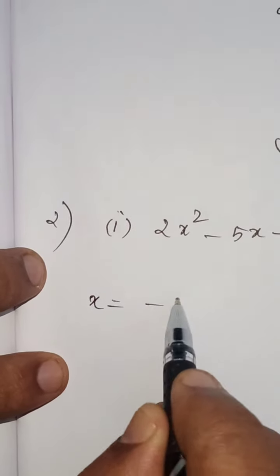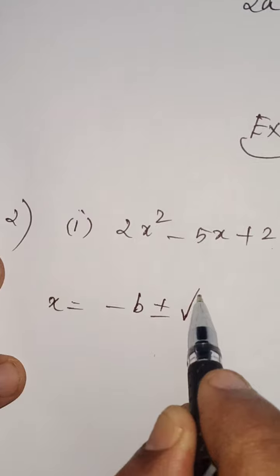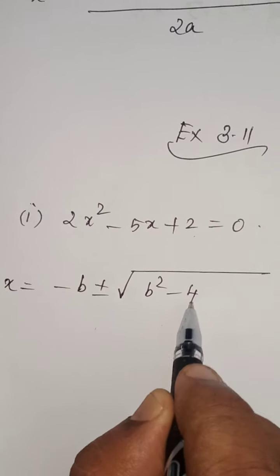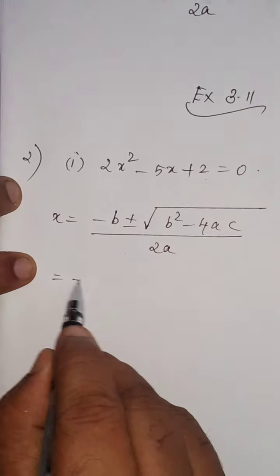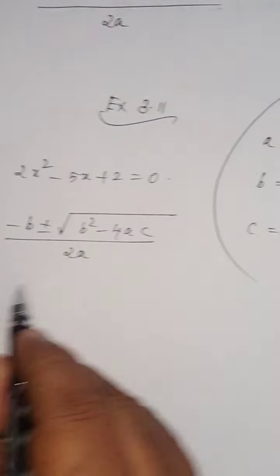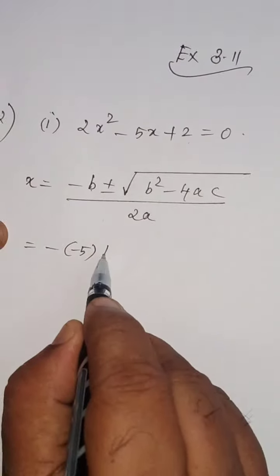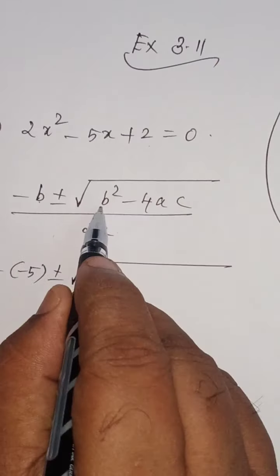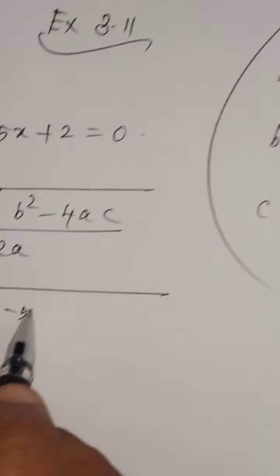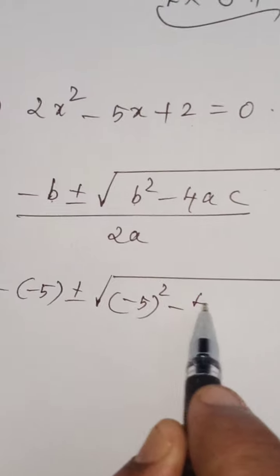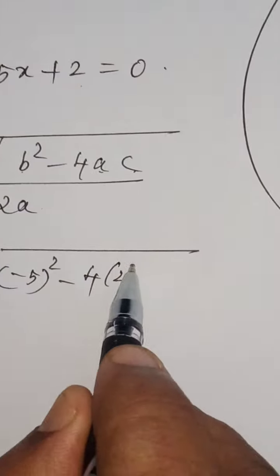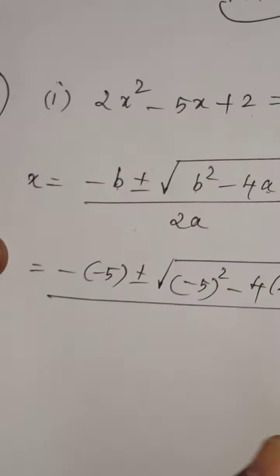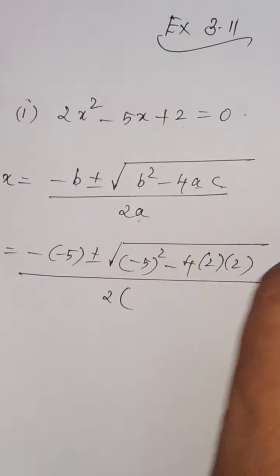Write the formula. x equals minus b plus or minus square root of b square minus 4ac, whole divided by 2a. Minus b value, minus 5, plus or minus square root of b square, b is equal to minus 5, the whole square, minus 4 into a into c, a value 2, c value also 2, whole divided by 2 into a value 2.